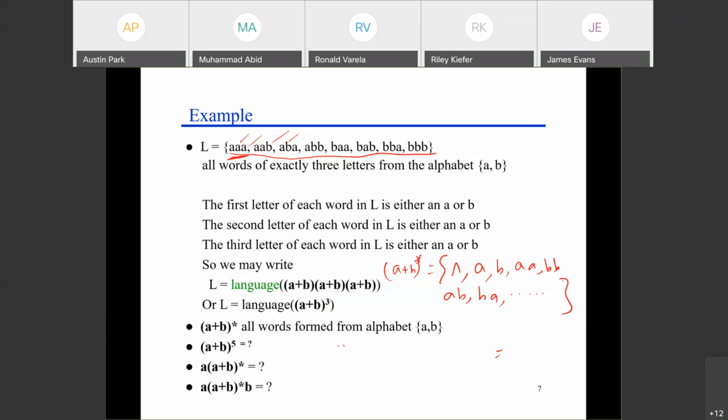This can be everything possible with A and B: one letter A, it starts with A, it ends with A, it starts with B, it ends with B. It has only A's, it has only B's, it has 1,000,000,000 A's, 1,000,000,000 B's, and lambda. This is a universal set, infinity with respect to A and B, only when you have A plus B whole star outside.